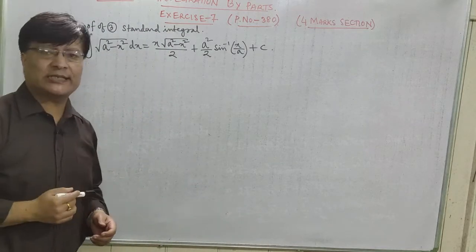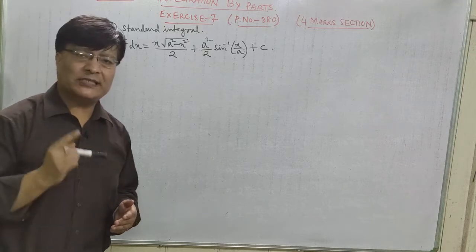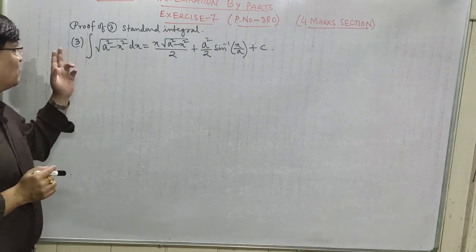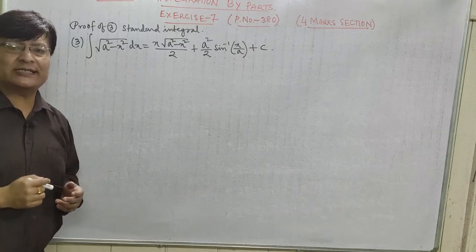Now that is number 2 standard integral. You have to prove standard integral number 2 at home. That is your homework. Now let us prove this standard integral number 3.